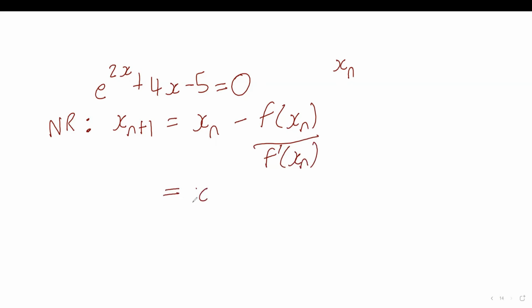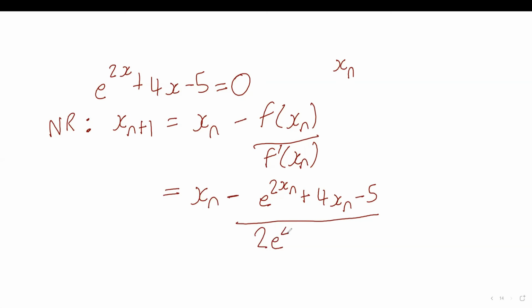So now this is going to be xn minus f of xn, which is e to the 2xn plus 4xn minus 5, over f prime of xn, which when you differentiate this is 2e to the 2xn plus 4.